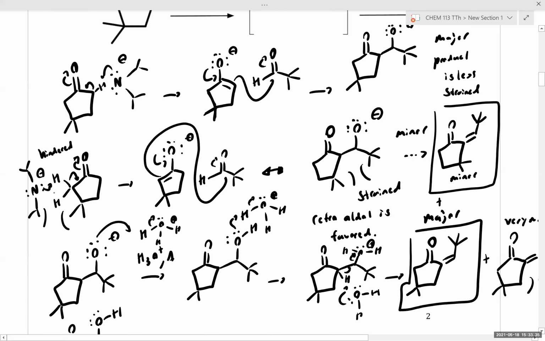Further, the minor product would require deprotonation at the more hindered position and would require that after addition, they'd have to have this strained aldol product, which can readily undergo retroaldol to regenerate your starting material. And that's why the minor dehydration product is not observed. Does that make sense? Did that answer your question?